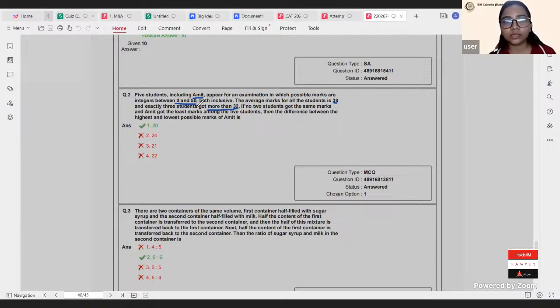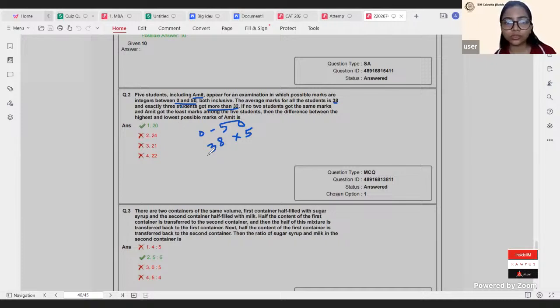So there are 5 students, one of them is Amit, and marks can range from 0 to 50. The average is 38, so the total marks will be 38 into 5. Exactly 3 students got more than 32, so the rest of the 2 students got less than or equal to 32.